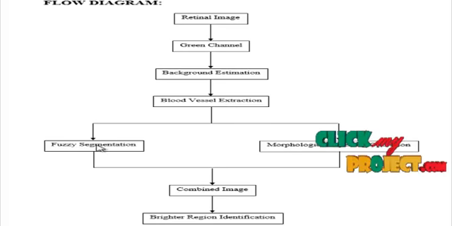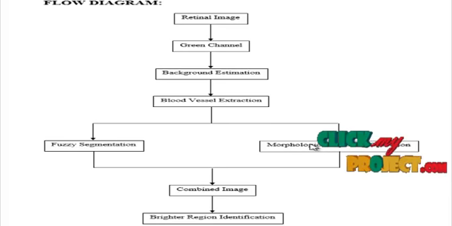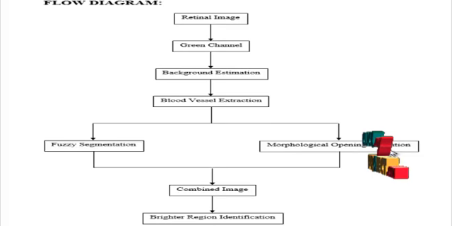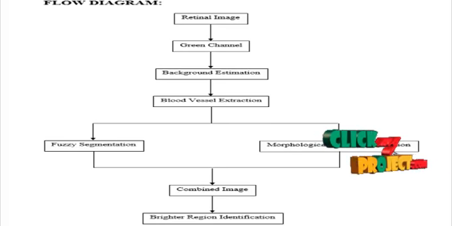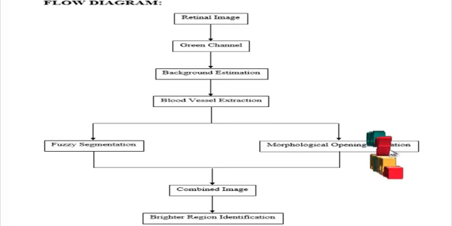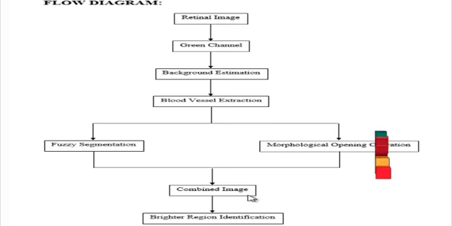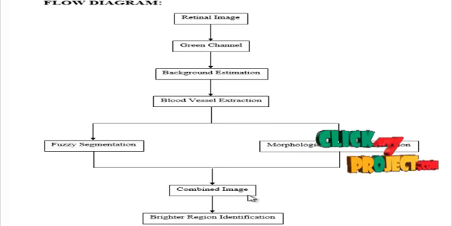After that, the fuzzy segmentation process and the morphological operation process were applied to the input blood vessel detected regions. The opening operation removes the unwanted blood vessel regions that are detected in the process, and the fuzzy segmentation segments the input images into the blood vessels and the non-blood vessels regions. These two were combined, producing an image which depicts the information regarding the blood vessels more exactly.